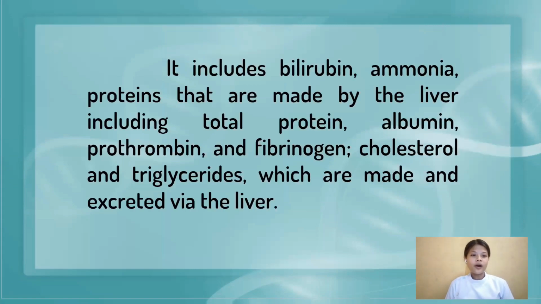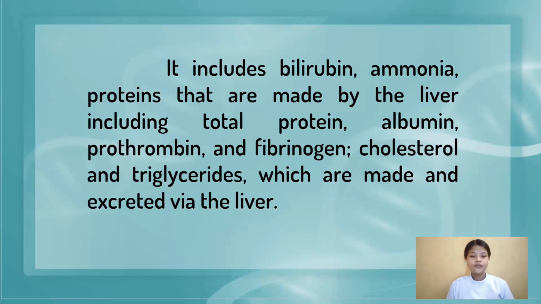Bilirubin, a compound formed by the breakdown of hemoglobin. Ammonia, a breakdown product of protein that is normally converted to urea in the liver before being secreted by the kidneys. Proteins that are made by the liver, including total protein. This test measures the total amount of two classes of proteins found in the fluid portion of your blood.